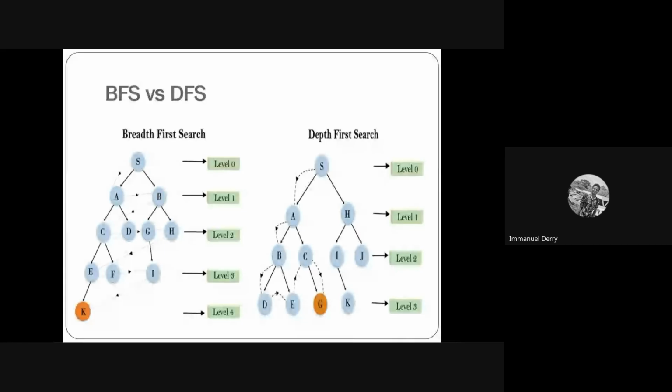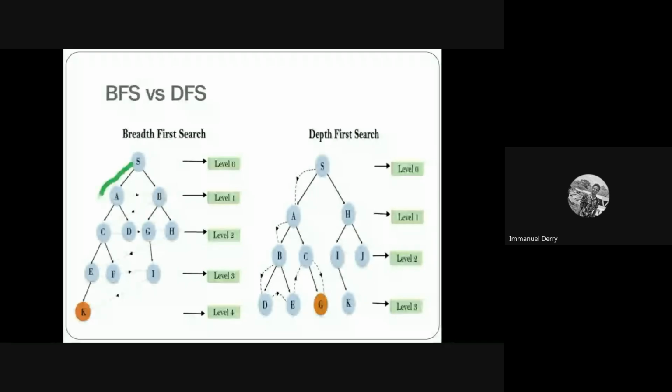So for BFS, we said it's a level search process. So we have level 0 over here, and right after level 0, we go to explore all of the nodes in the level. So explore that one, and go to the next level, which is level 1, and explore all the nodes there.